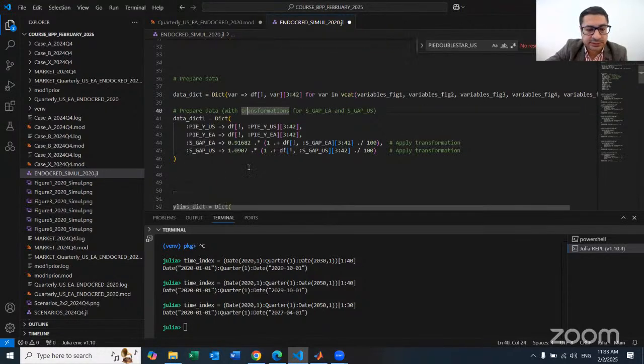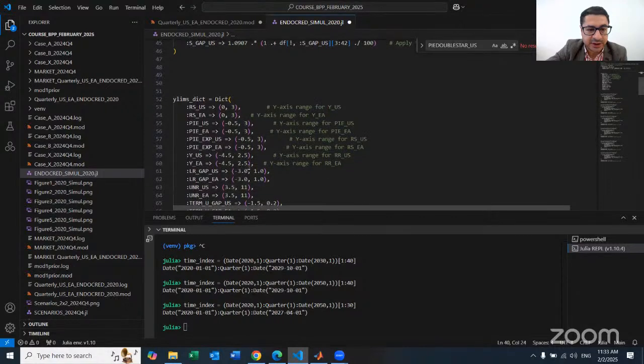Then the next thing is to make the graphs, to put some limits to the y-axis of the graphs.